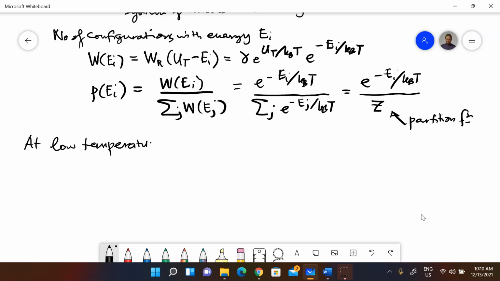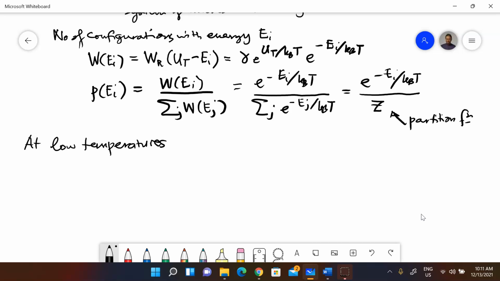At low temperatures, this is a very small number, and contributions from larger energies, when you divide something by a small number, this will get large, and then e to the minus a large number is going to be small.